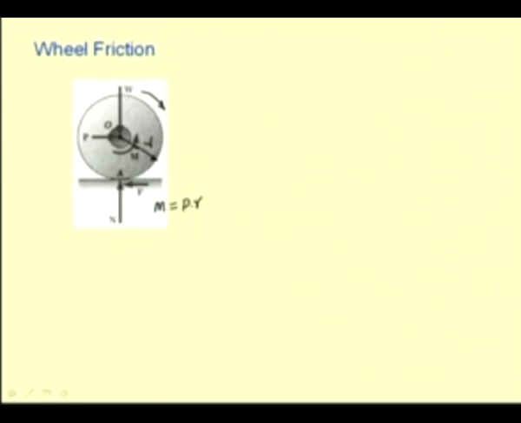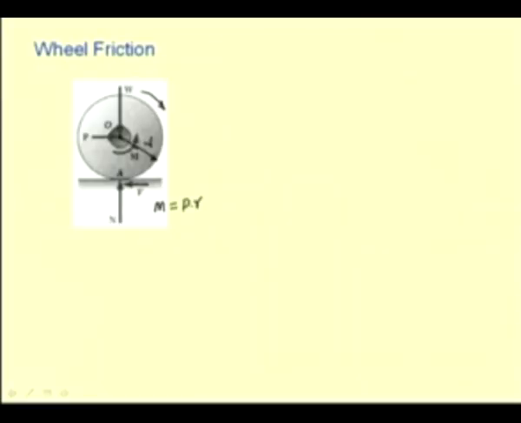So, in order that this wheel is able to roll, we need to have this force F, and that is how this frictional force helps in the rolling motion. So, even though we see that there is a point contact, the presence of friction is necessitated for the rolling action to take place.